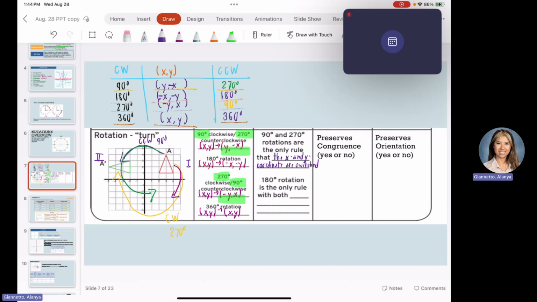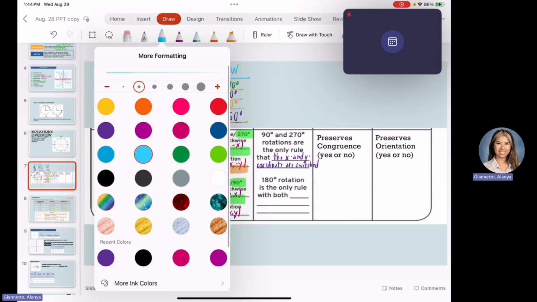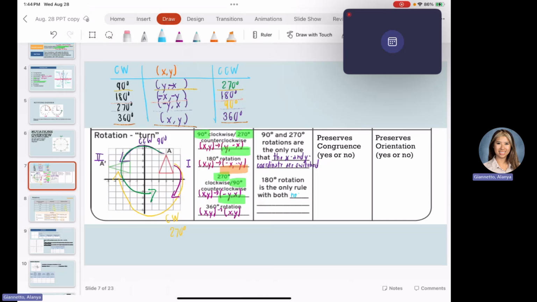And if we look at the 180-degree rotation, it is the only rule with both, so if I highlight that, it's this one right here, negative or opposite signs. Because again, even if it says both negatives, if the numbers started as negatives, they would flip to become both positives.